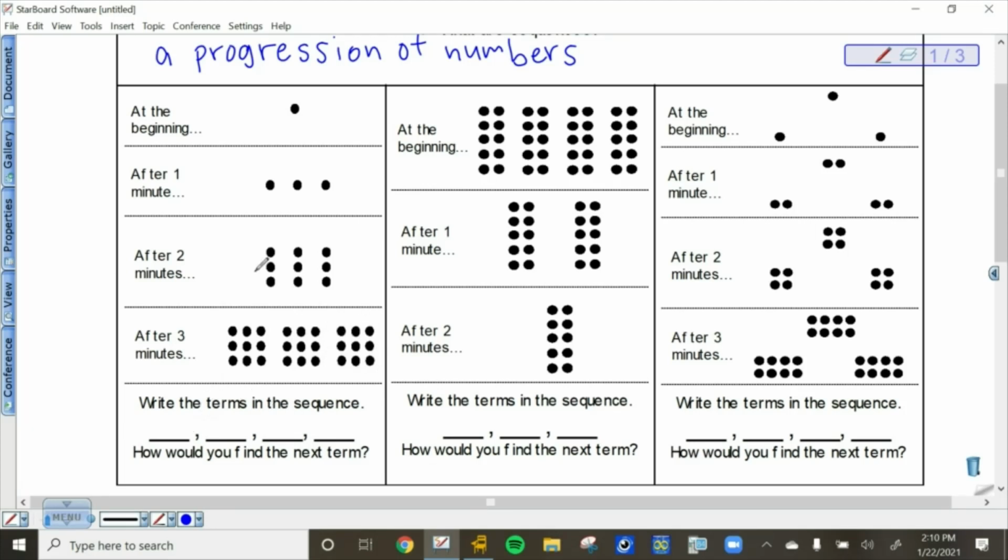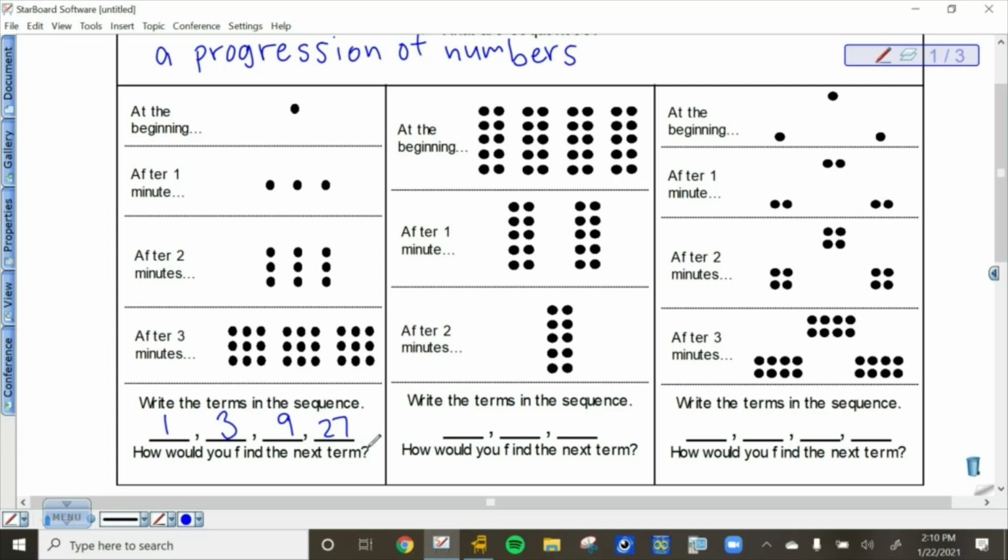So what we want to do is write down the terms as a sequence. So it starts with 1, and then moves on to 3, then 9, and then what was the last one? 27. 1, 3, 9, 27.